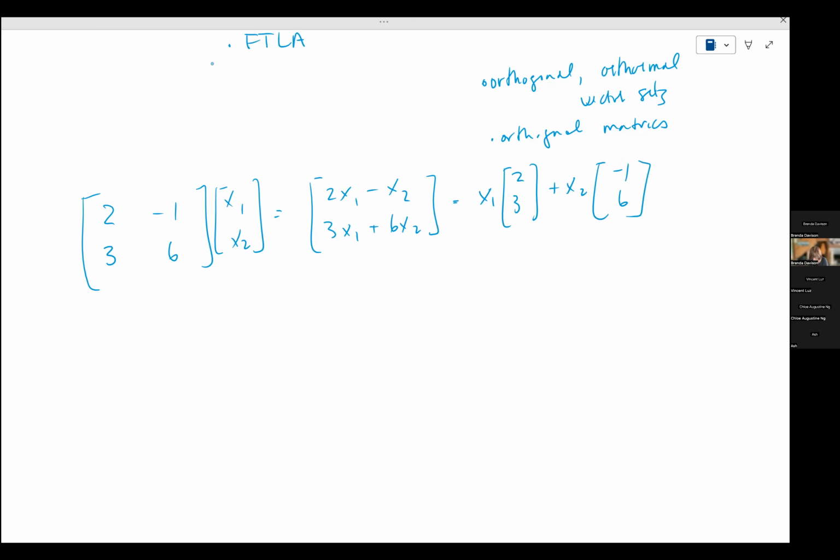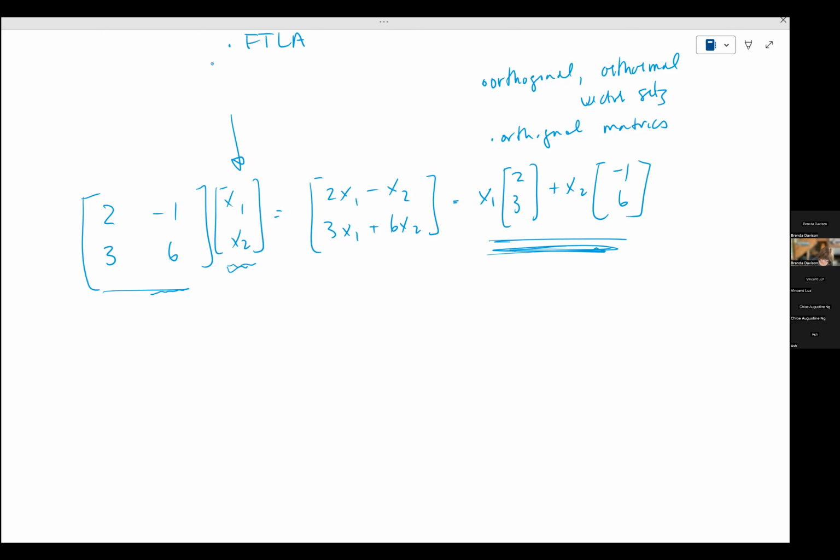So given all vectors in R2, these are all the possible outputs, because I can take some arbitrary x1, x2, and this is the output that I'm going to produce. If I write the multiplication like this, I can see that all possible outputs are linear combinations of the columns. That is the range.